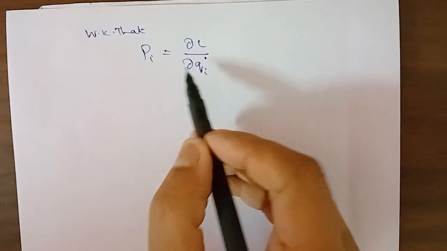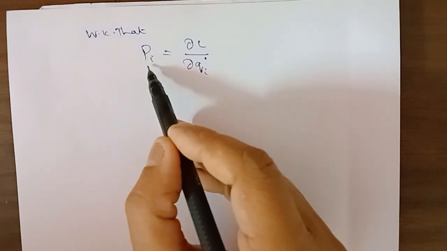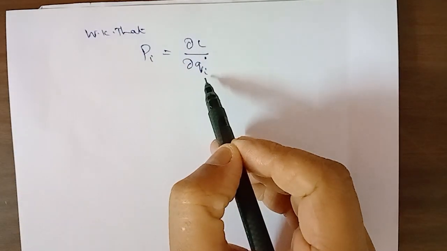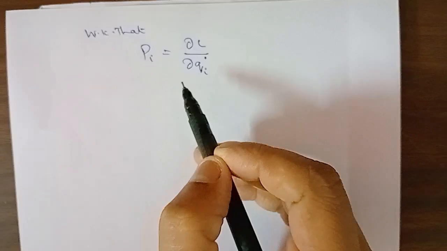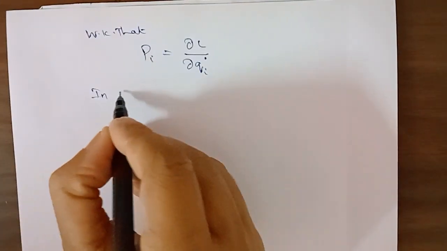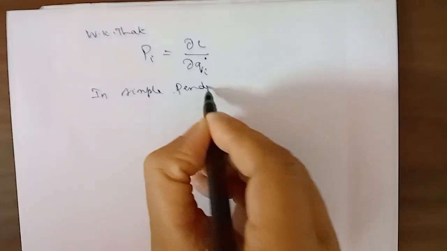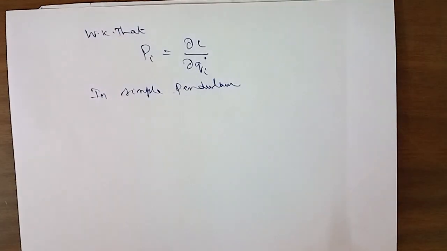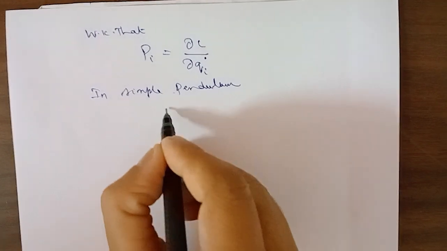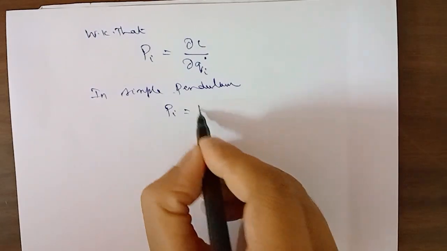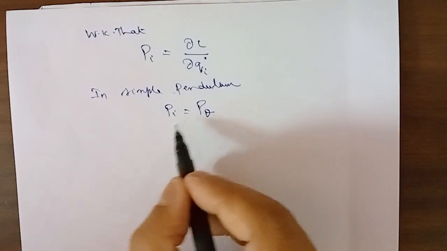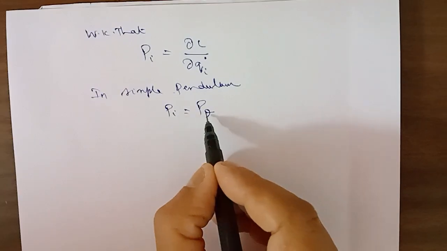These equations we already saw. Pi is the generalized momentum coordinate, Qi dot is the velocity coordinate. Here, in the case of simple pendulum, Pi is nothing but P theta, because here the generalized coordinate is theta.